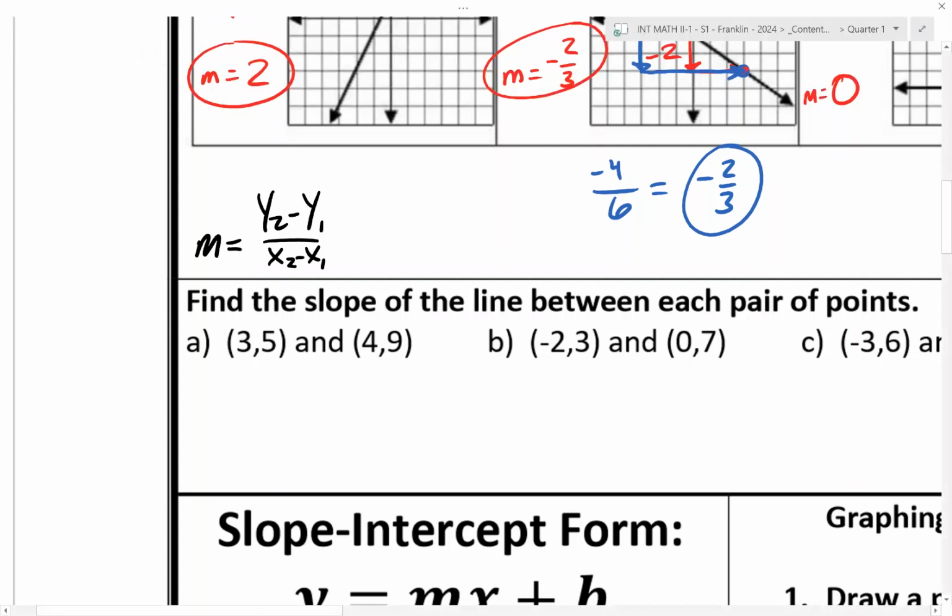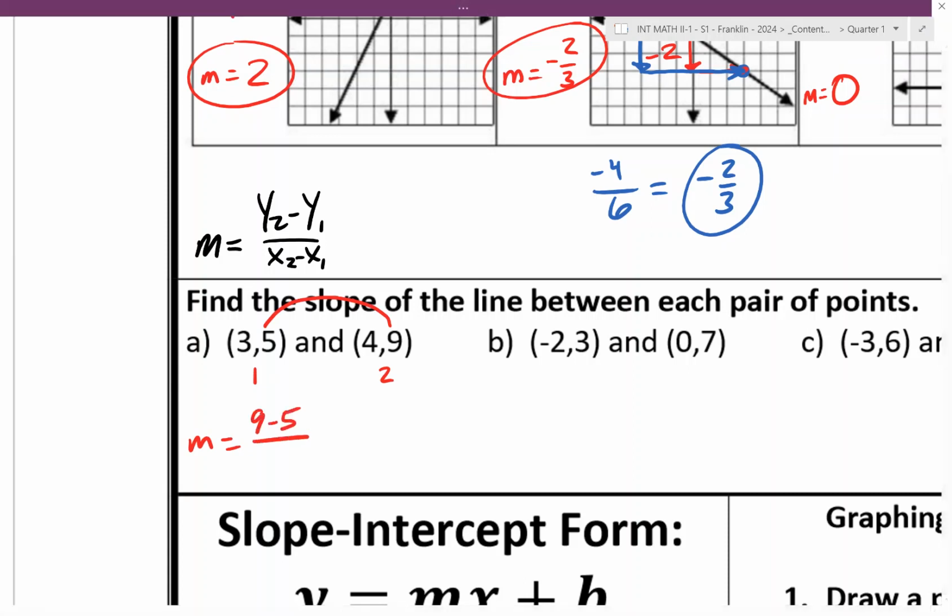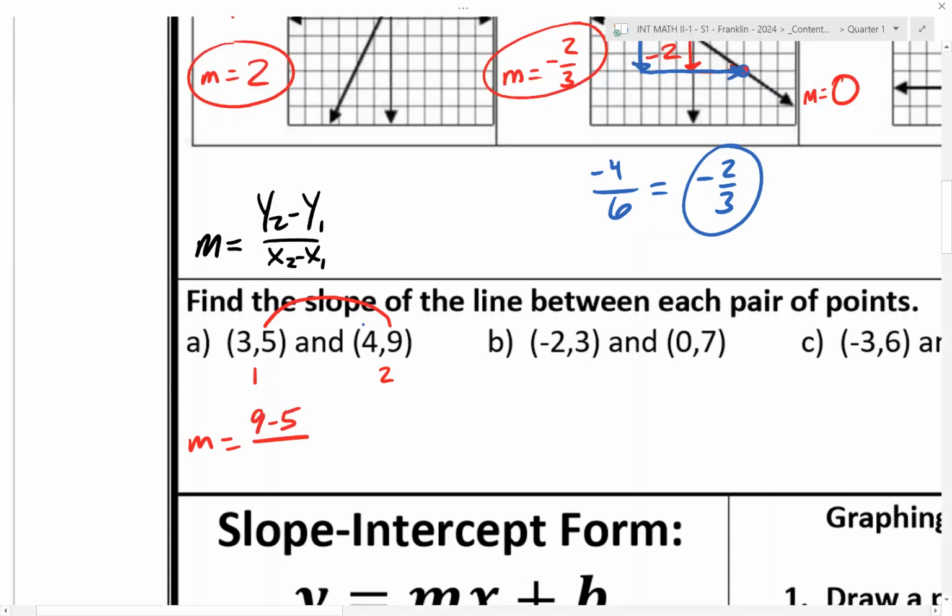And now it doesn't really matter which point is point 1 or point 2, just make sure you start with that for each one. So let's say I make this point 1 and point 2 like this. So our y values are going to be 9 and 5. So that's 9 minus 5. And the x values are going to be 4 and 3. So that's 4 minus 3.